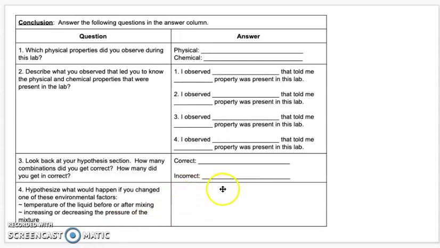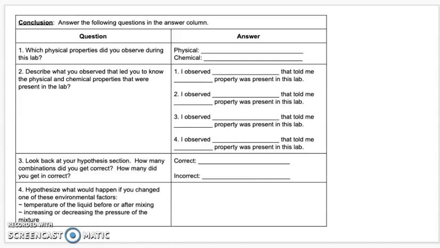So if I change the temperature of the liquid before mixing, then what will you see? If I change the temperature of the liquid after mixing, then what would you see? If I increase the pressure after mixing, then what would you see? Or if I decrease the pressure after mixing, what would you see? Press pause and fill out these conclusion questions and press play to begin again.